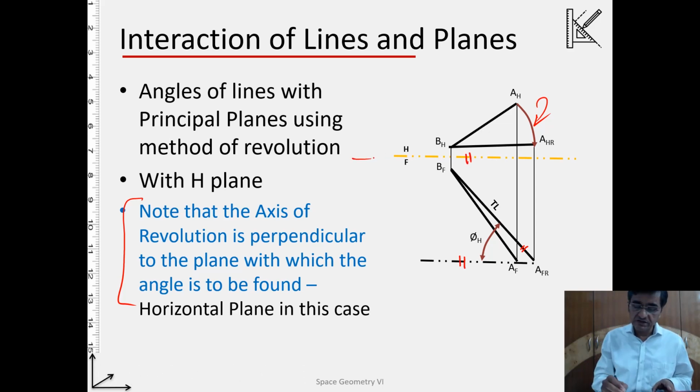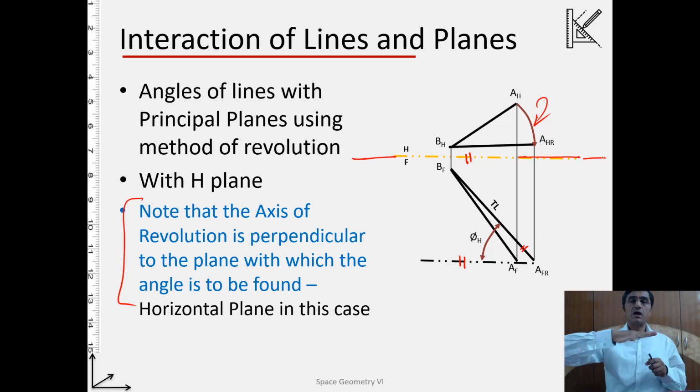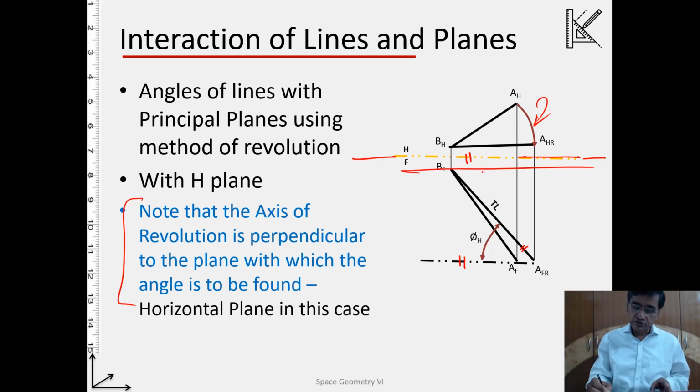And the hinge line is actually showing the edge view of the horizontal plane. Whether I do it this way, that's the angle phi H, or we write it here, either way we could now determine phi H.